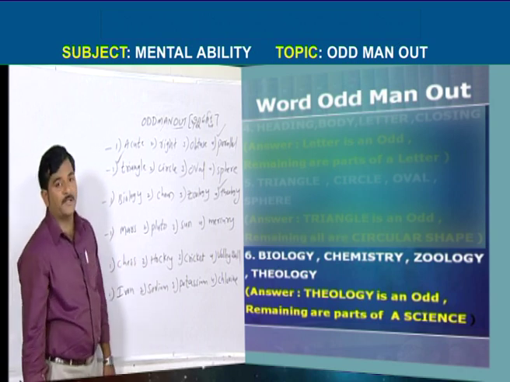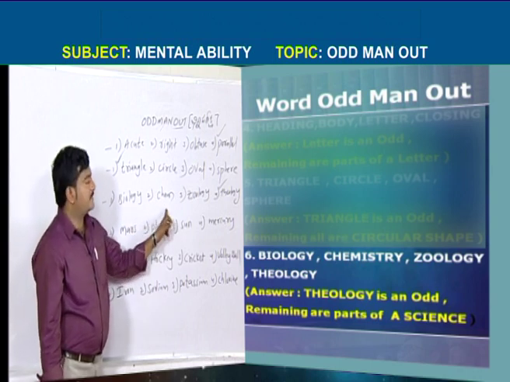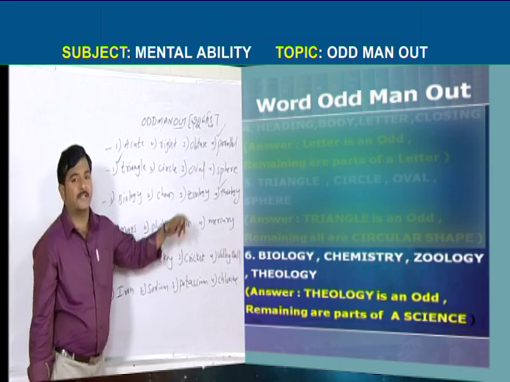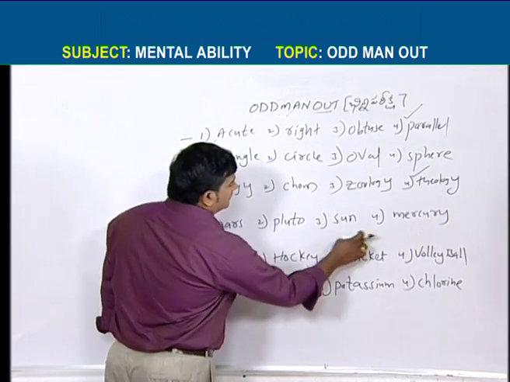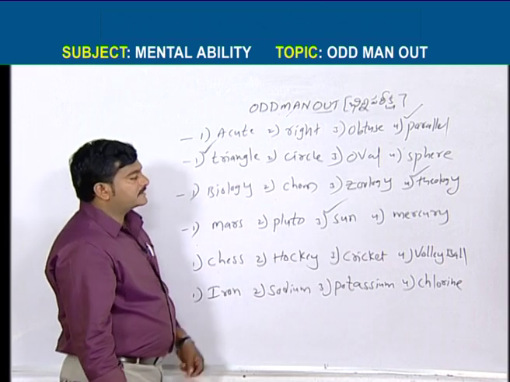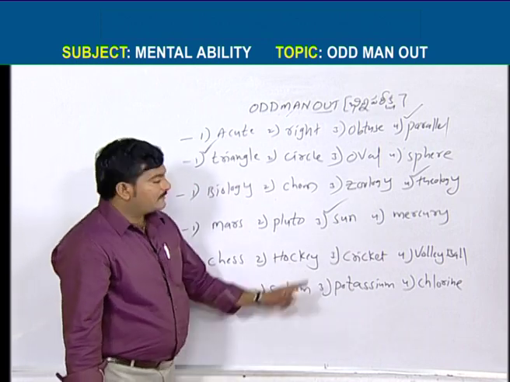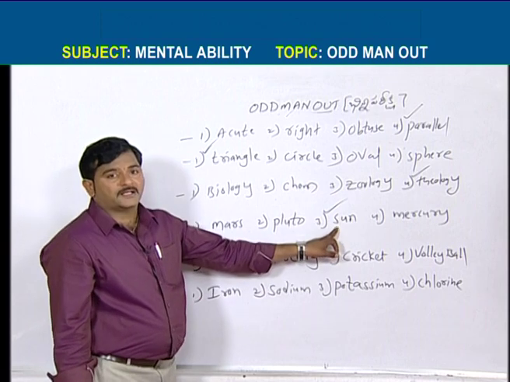It is purely different from these three. Similarly, Mars, Pluto, Sun, Mercury. It is very simple; no explanation is required. The answer is Sun. It is a star, whereas the remaining are planets. This is the only star, not a planet.